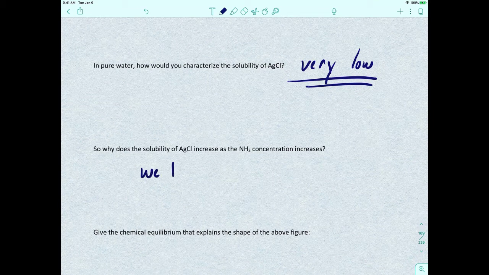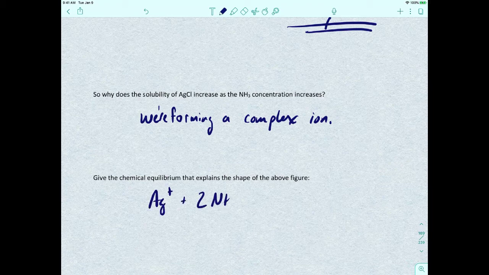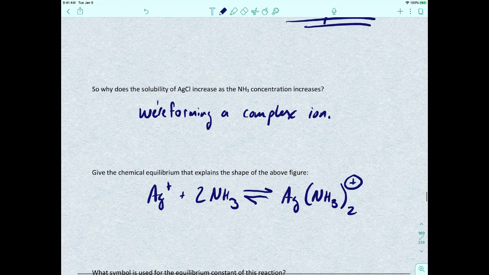What we're doing is we're forming a complex ion. And to help us understand this complex ion, we give the chemical equilibrium that explains what we're looking at: Ag plus, 2 moles of NH3, in equilibrium to form Ag(NH3)2, and this has an overall plus charge.